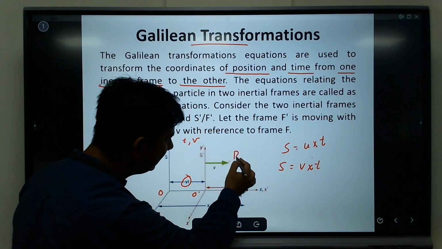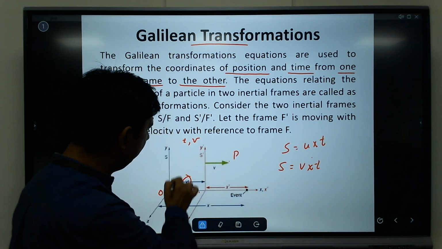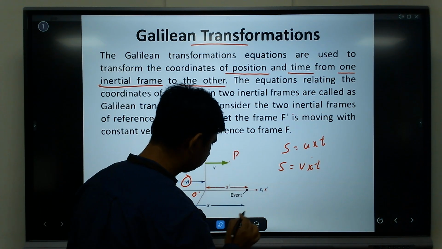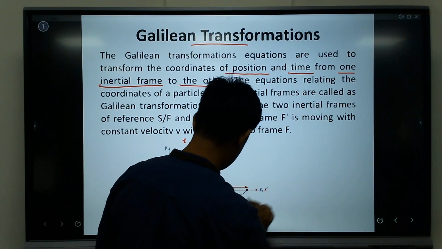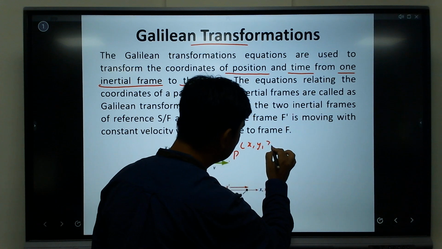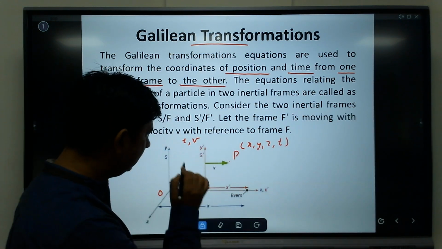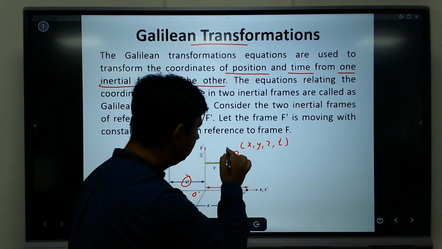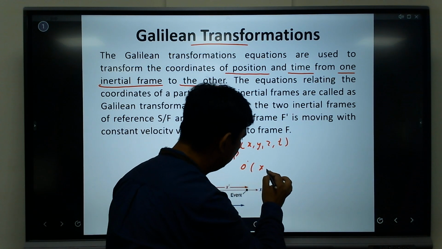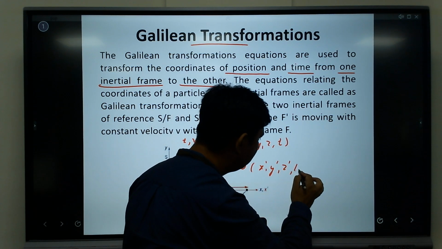So one event has happened over here, and with respect to the constant frame, we'll say its coordinates are x, y, z and time t. And at the same time, the observer from O dash, this is O, and O dash will say that no, the coordinates are x dash, y dash, z dash and t.